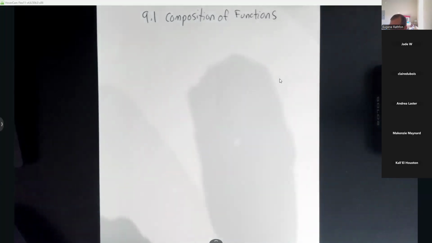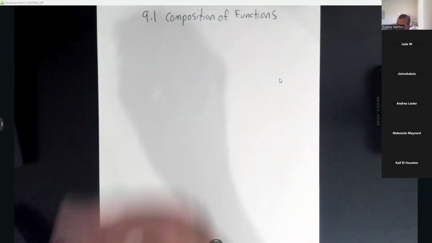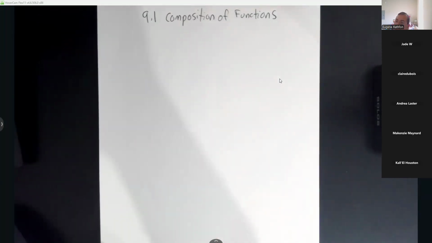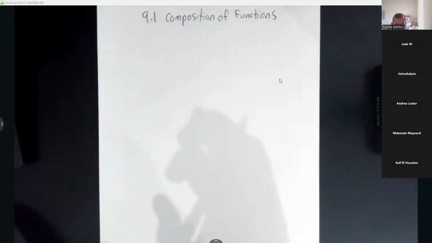Basically, the composition of functions is when we use a function as the input values of another function. So we're going to put a whole function in for the x's of the other function.